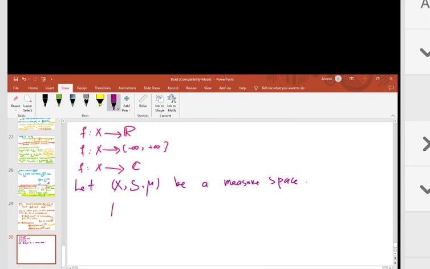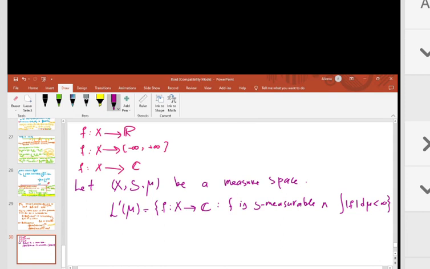L1 of mu equals the set of all f from X to C such that f is S measurable and the integral of the absolute value of f d mu is finite, on X. This is L1 of mu.